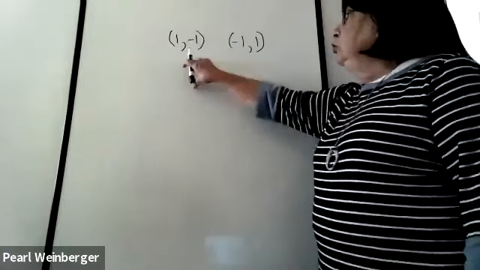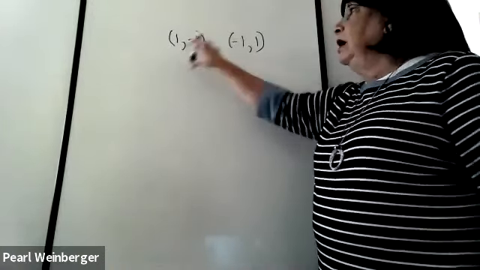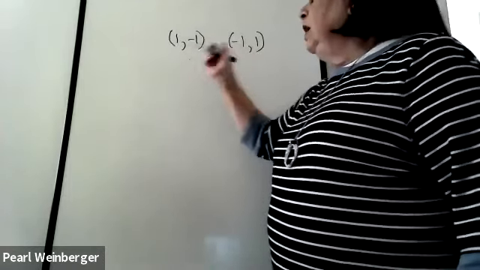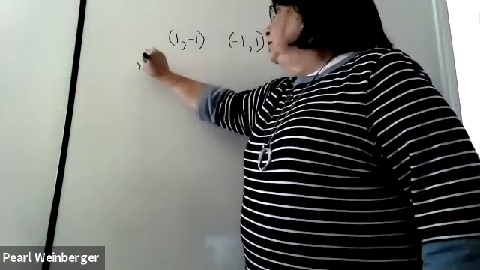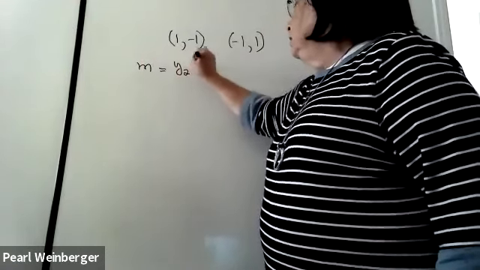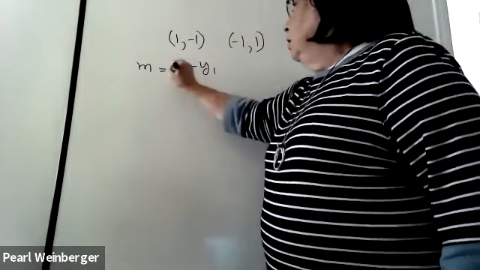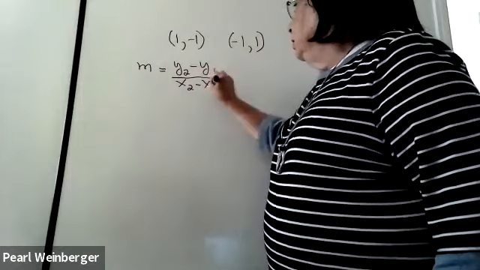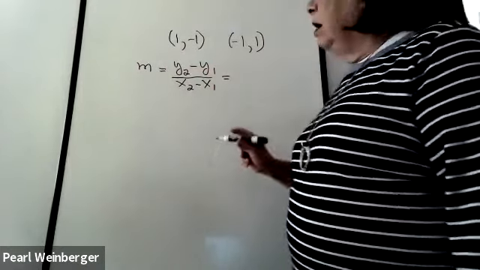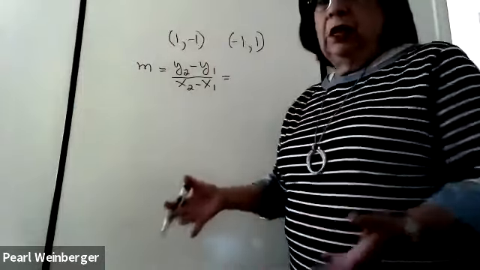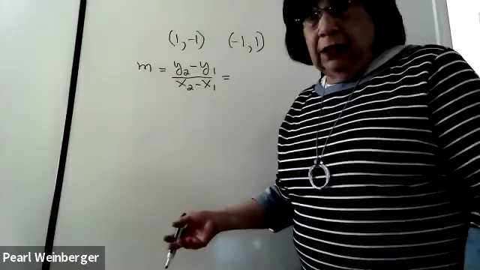But what do we do when I don't have the equation of the line, I just have 2 points on the line? Then if you remember, we have a formula for the slope that goes like this. M equals y2 minus y1 over x2 minus x1. And I arbitrarily pick 1 point to be my first point, and the other point then becomes my second point.